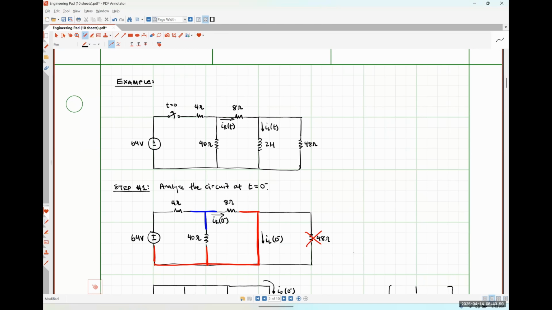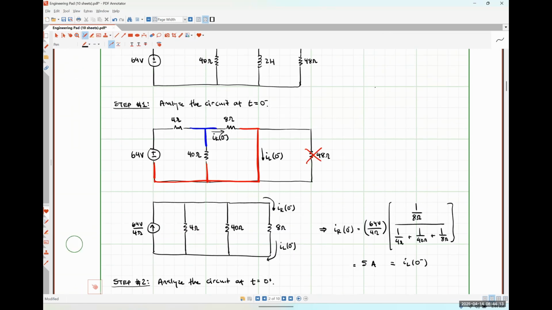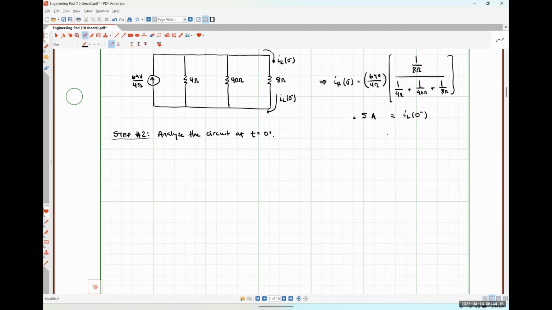And I'll talk about what we're going to do with the inductor in a moment, but because we're in the transient condition, we are no longer looking at a DC circuit, so we certainly are not going to replace our inductor with a short, okay? So I'm going to draw things out here. So here's our 64-volt source.